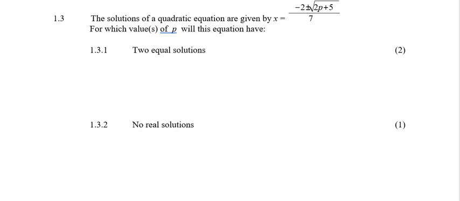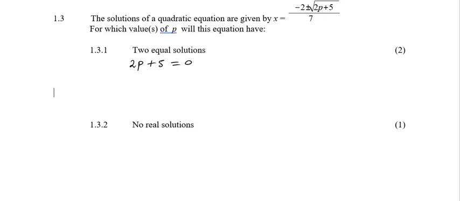In other words, if the solutions are equal, go straight to the square root: the expression inside the square root must equal 0. So 2p plus 5 must exactly equal 0.